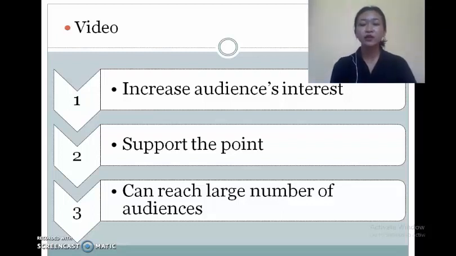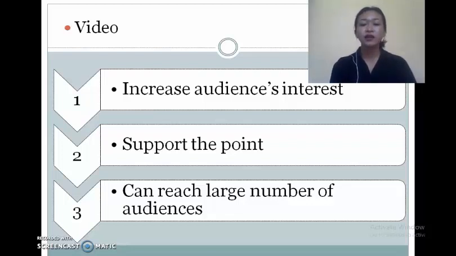So by using video, it is not only suitable for a small audience but also a large audience, because the audience on the back still can see the video that you provide to watch.